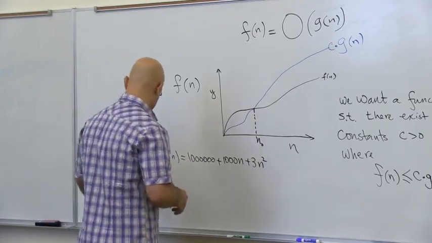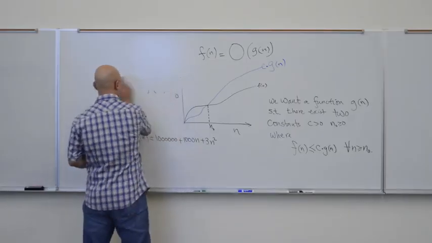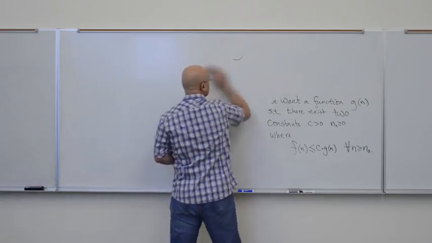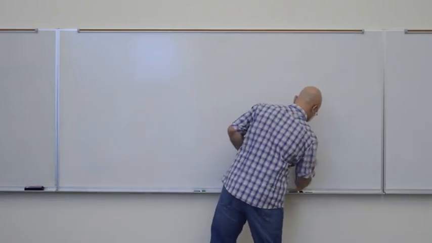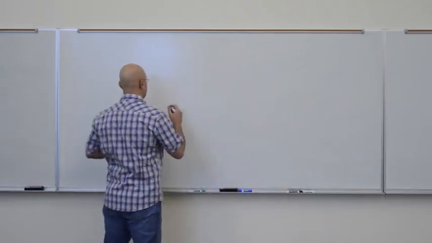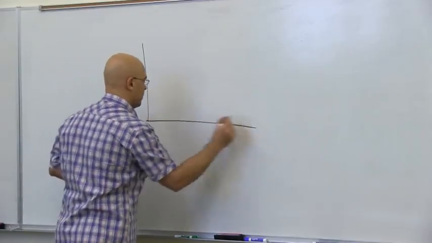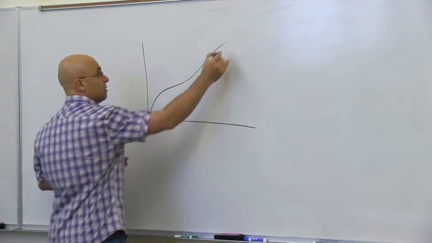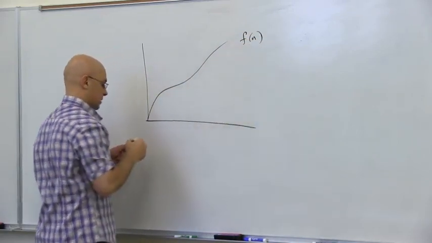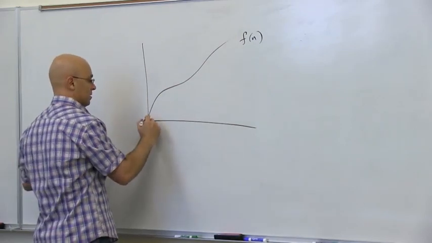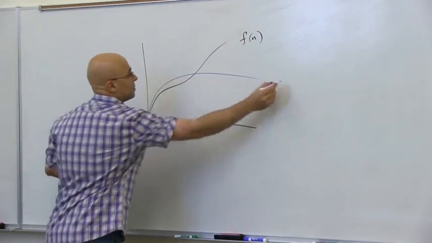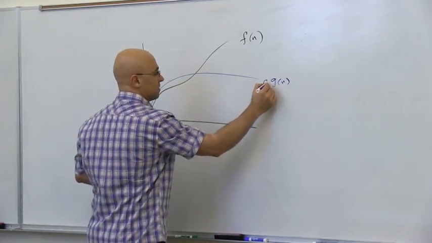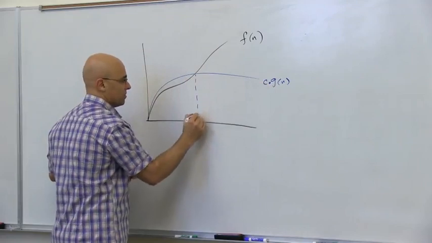And in this case, I can think about it as the following. If I have f of n like this here, and I can find a g of n, for example, c times g of n, and I can focus on the n0.